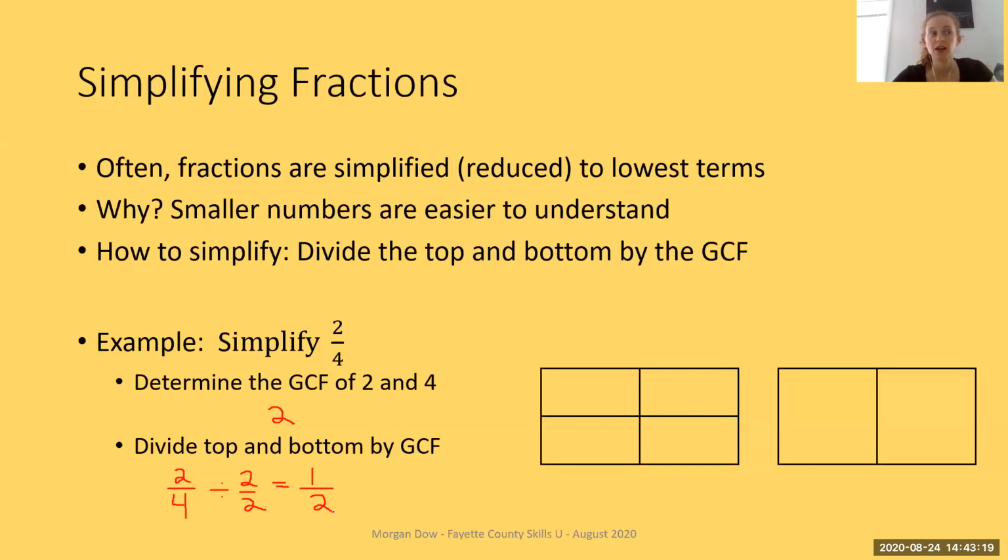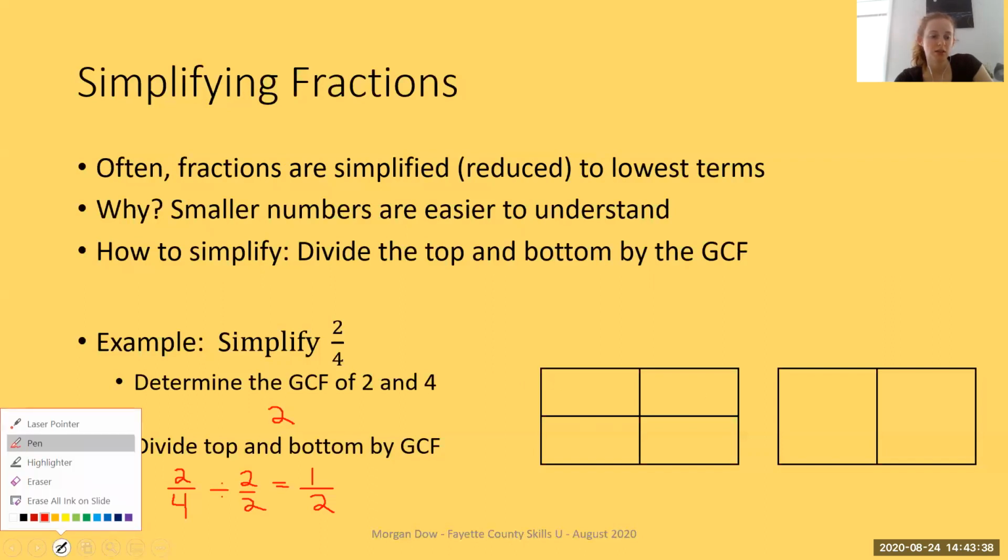Now think about it. If you have 2 quarters in your pocket, you got 50 cents, right? So 2 quarters is the same as 1/2. And we can see that if we think about these 2 drawings here, these 2 pictures.